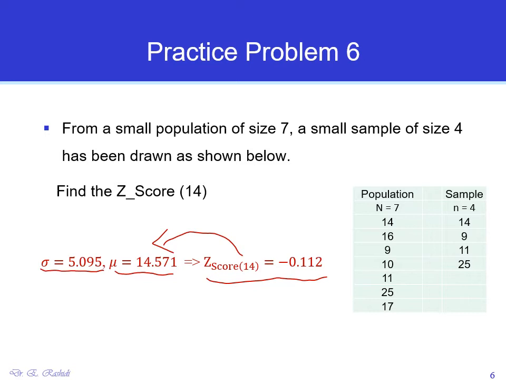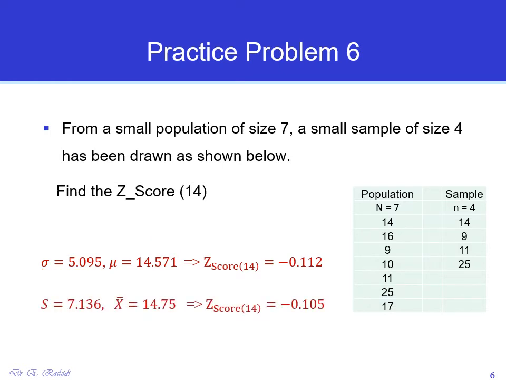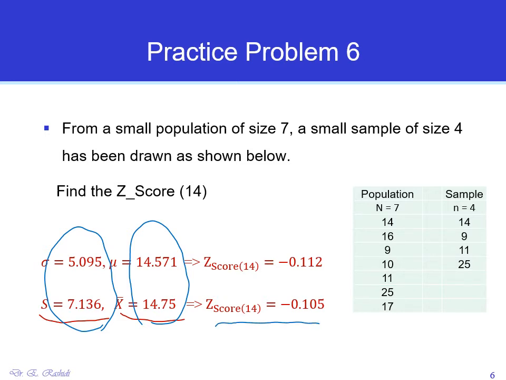So now let's find the Z-score of 14 for the sample. So we need to find the average and the standard deviation of the sample. The average of the sample is 14.75 and the standard deviation is 7.136. As you see here, both these values are different for the population and the sample. So we're going to expect to have a Z-score which is different for the sample and population.